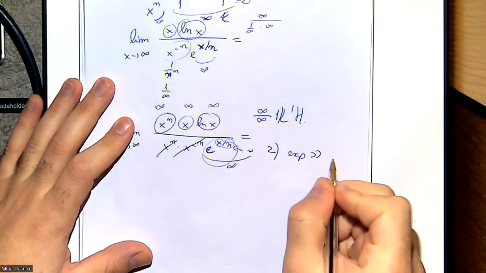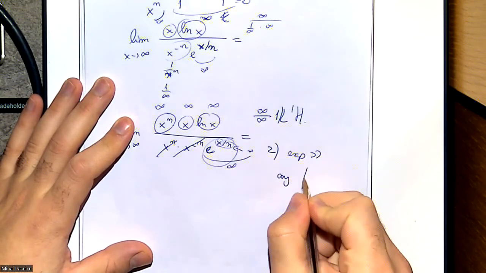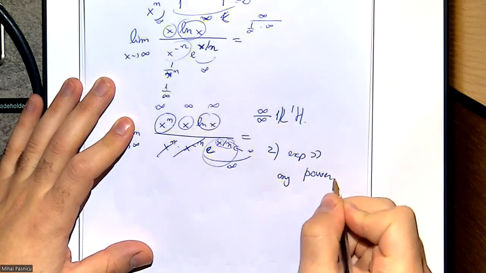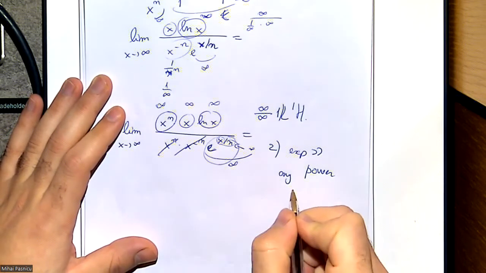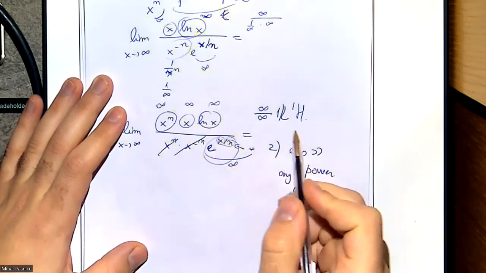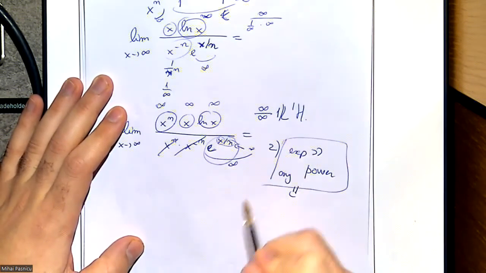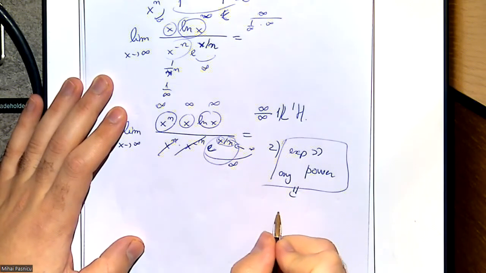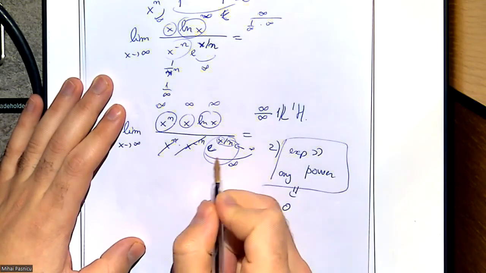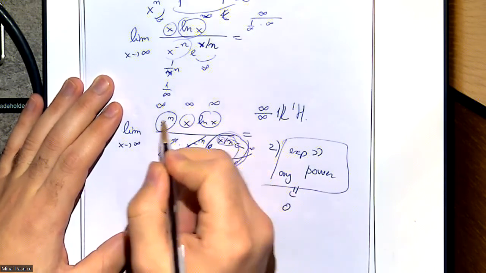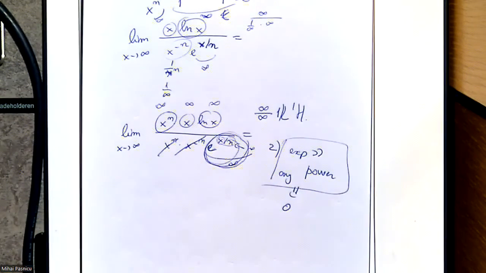Second one: exponential is bigger than any power. If I use this, because I'm lazy and I remember this, I just get 0. The claim is that this thing is much bigger than everything up top. And I'm done in 3 lines.